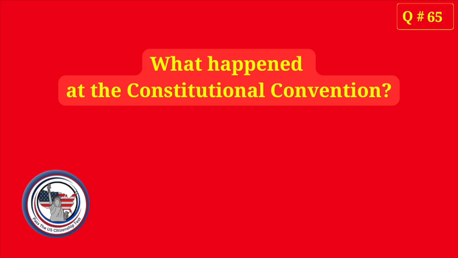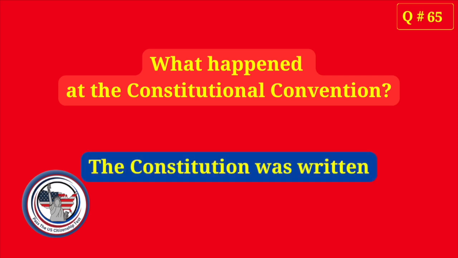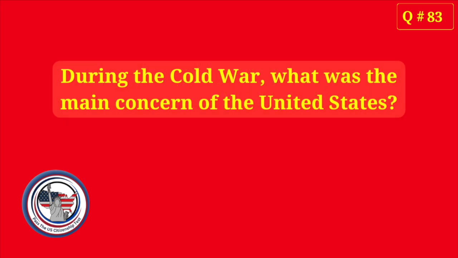What happened at the Constitutional Convention? The Constitution was written. During the Cold War, what was the main concern of the United States? Communism.